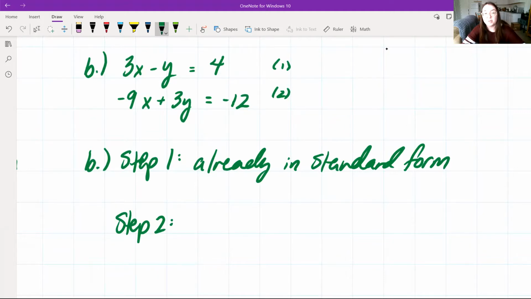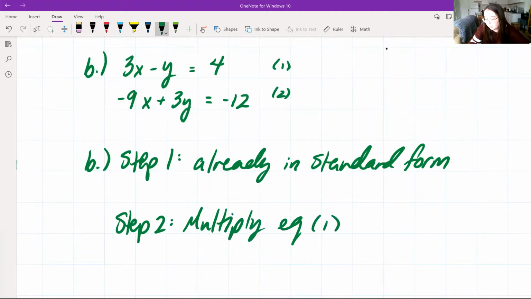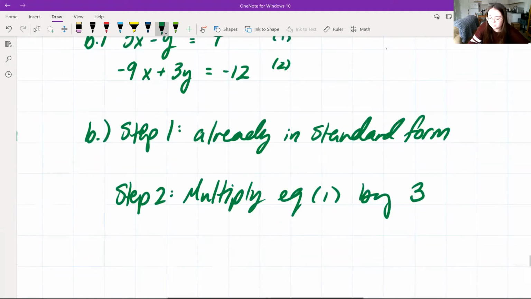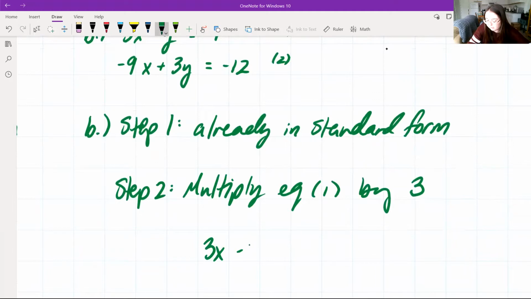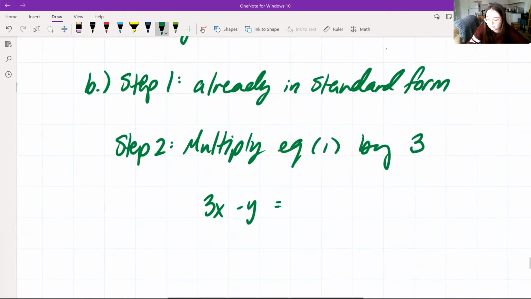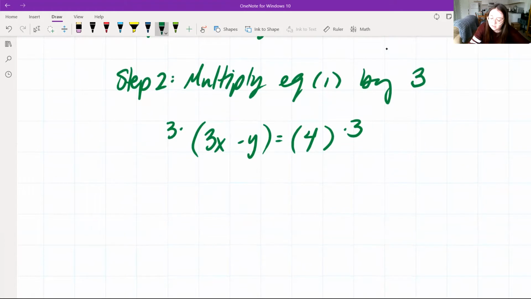So let's go ahead and multiply equation 1 by 3. So equation 1 is 3x minus y is equal to 4. So now we're multiplying these by 3. And we'll get 9x minus 3y is equal to 12. And we'll call this now equation 3.